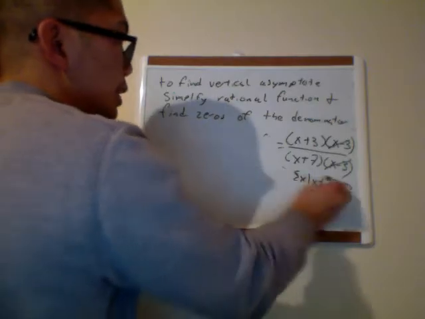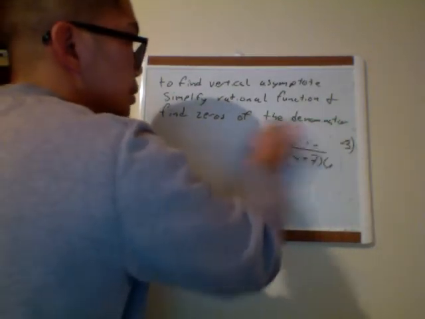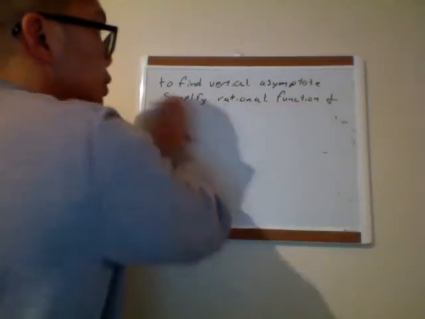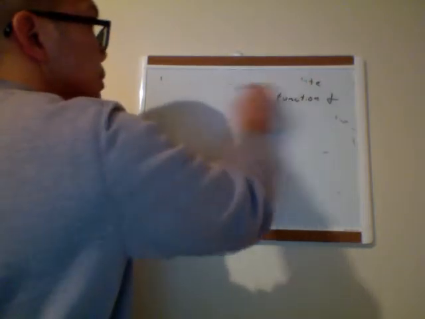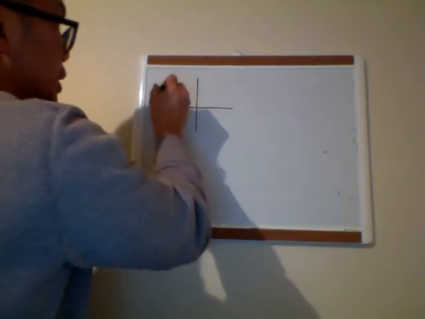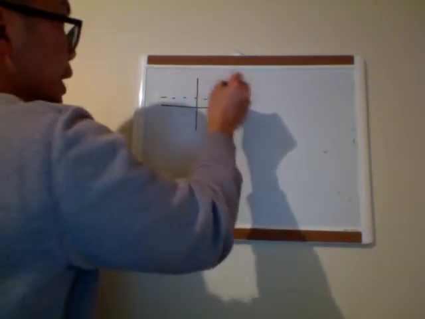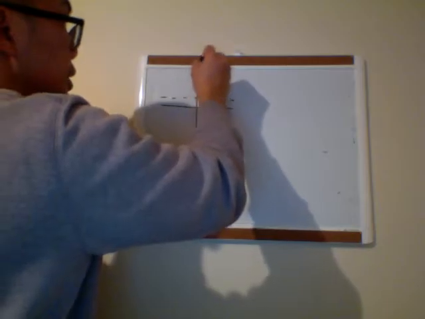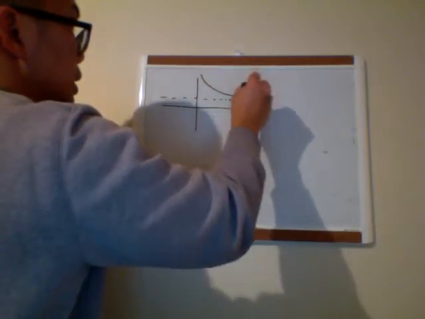Now before I get going into how to find them, let me describe what's happening when I have a horizontal asymptote. If I have a horizontal asymptote, it's going to look like this, and basically my graph will look something like that.